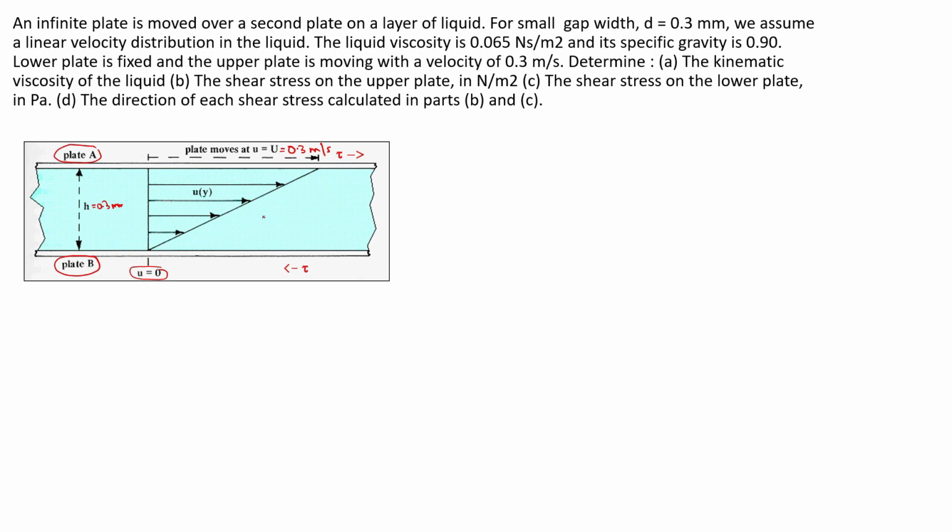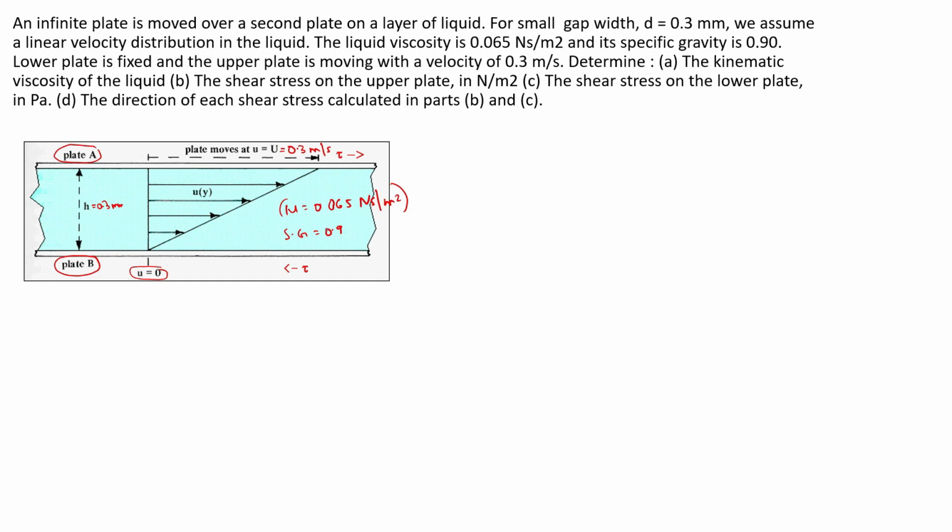The liquid viscosity is given as mu equal to 0.065 Newton second per meter square, and the specific gravity of the oil is 0.9. The lower plate is fixed and the upper plate is moving with the velocity 0.3 meter per second.